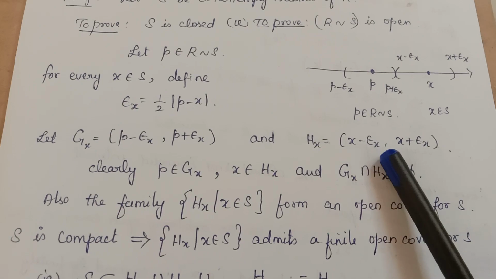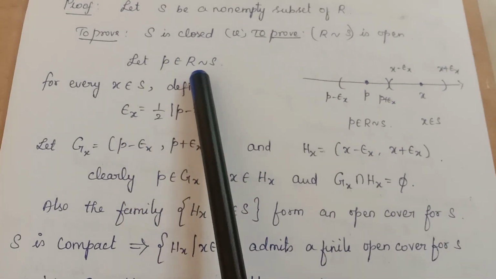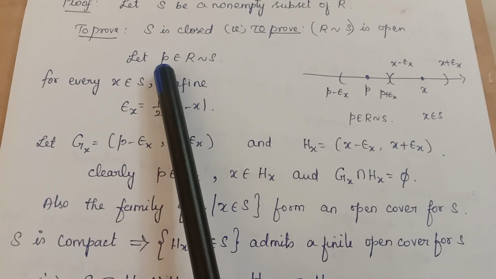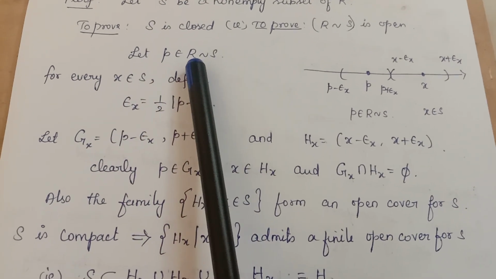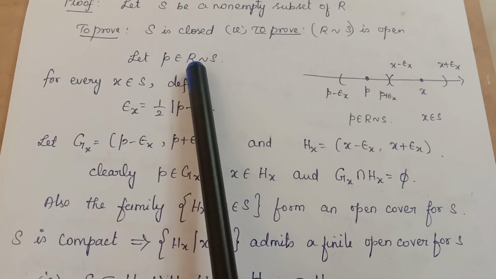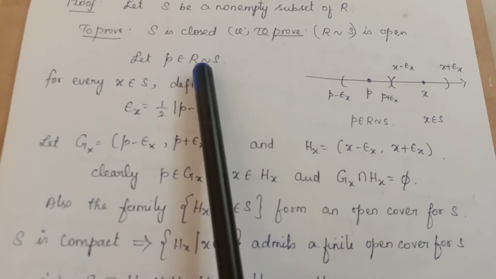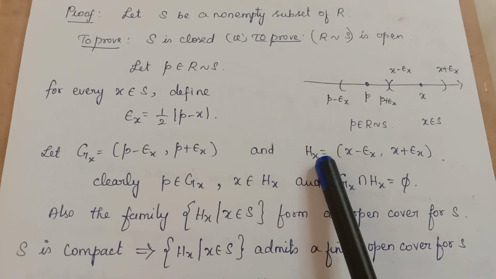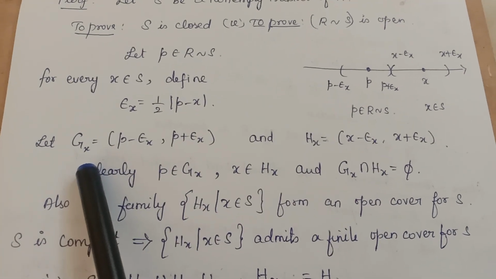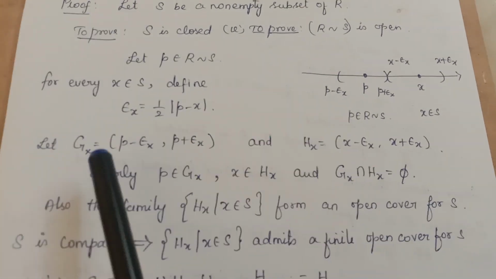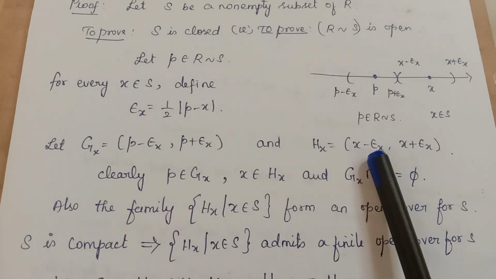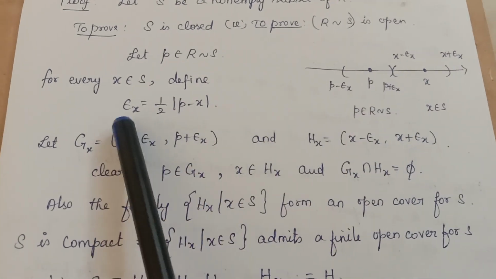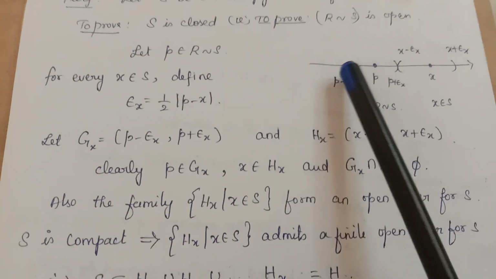P is a point in R minus S. For that point I have to find a neighborhood P minus epsilon to P plus epsilon which completely lies in R minus S. So I am going to move little by little towards R minus S by defining neighborhoods like this. Here Gx is a neighborhood for P and Hx is a neighborhood for X. This is a point of R minus S, and this is a point of S. These two neighborhoods are definitely disjoint, because by the definition of epsilon X itself you can understand the neighborhoods will be like this.